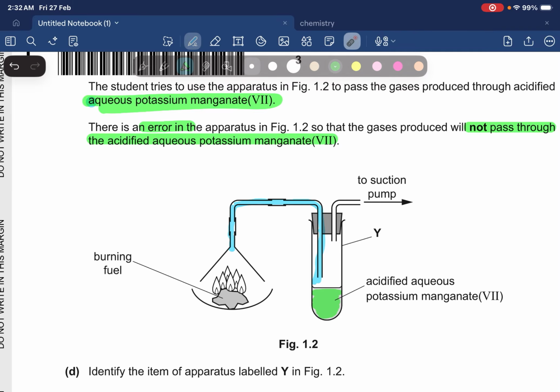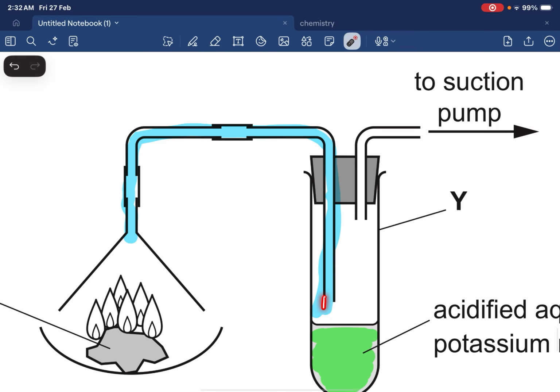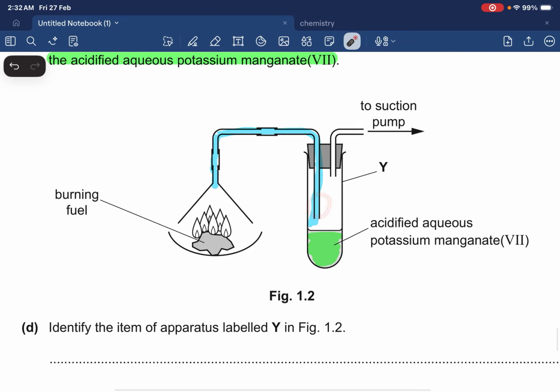But the problem is that this delivery tube is not entering into the liquid. This delivery tube is finishing over here. So that's why the gas is not going to enter the acidified potassium manganate, because over here the gas is going to come, then it's going to move out from here. We need the delivery tube to be dipped into the manganate part, right? So this is the source of error.